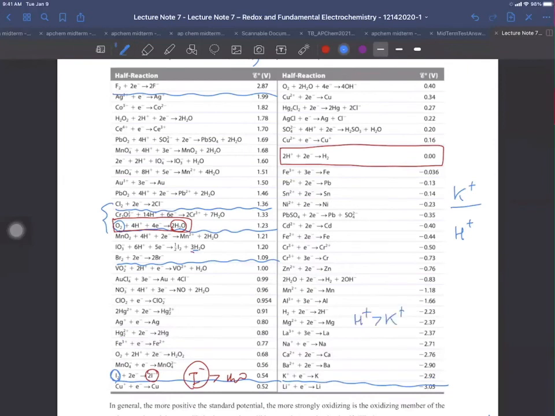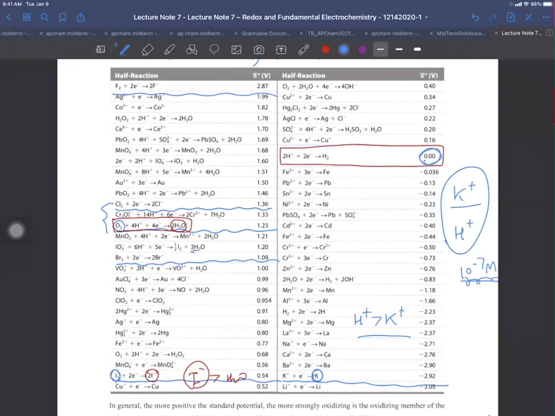Because the metal potassium is so much more reactive. Although the real situation is not a standard state, because the H plus is probably at around 10 to the negative 7 mole per liter, and it might change this value because it's non-standard state. But still, since potassium is so much more reactive, even though the H plus is much smaller, the H plus still wins the competition.